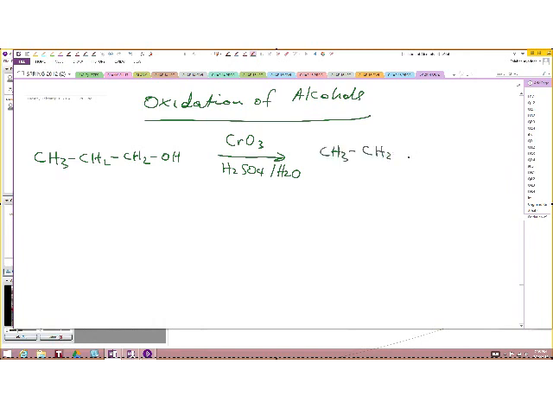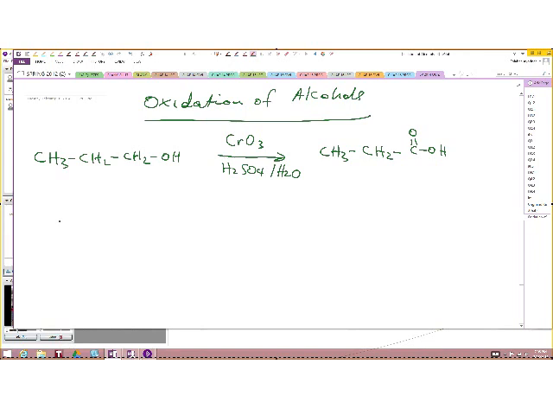So you need to add that to your list of reagents. This reagent takes a primary alcohol and oxidizes it to a carboxylic acid.